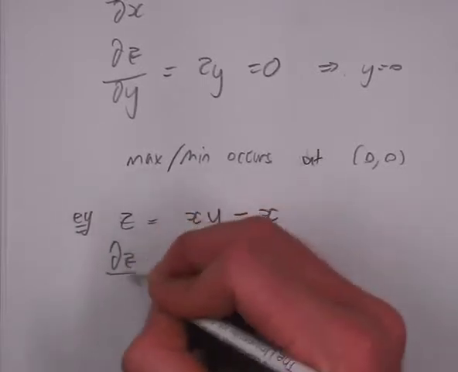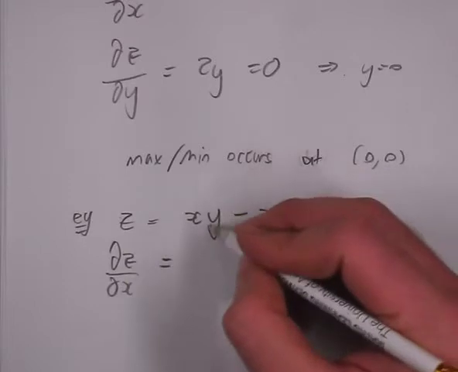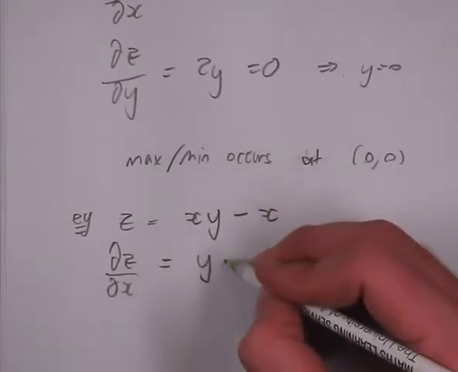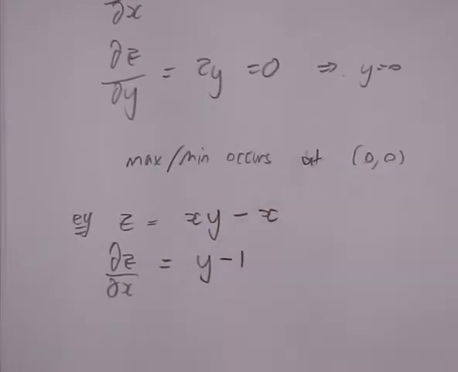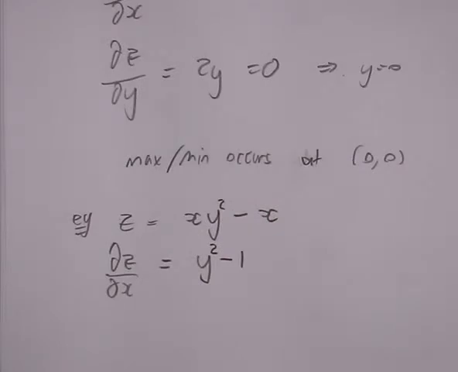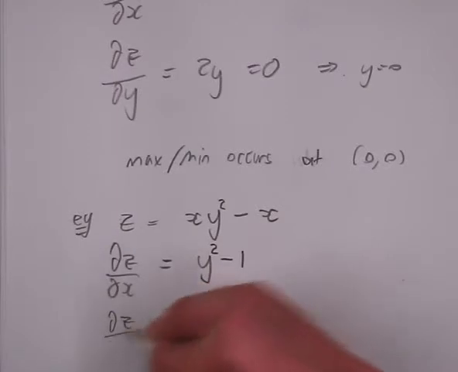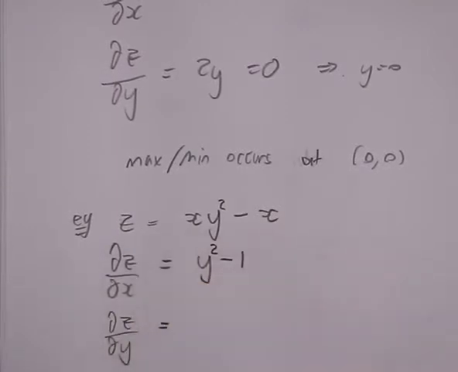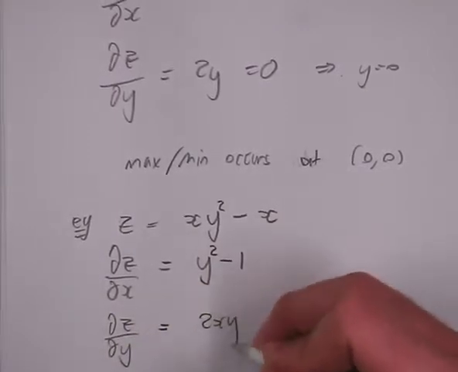So this one, dz on dx, is, well, the y counts as a constant. Oh, crap. Change the function. I want the one that's worthwhile. And dz on dy is 2xy.